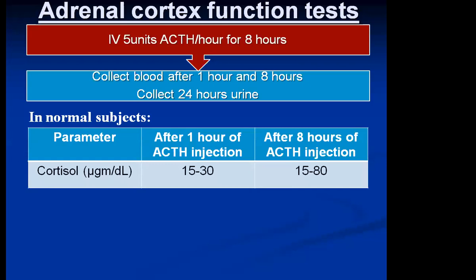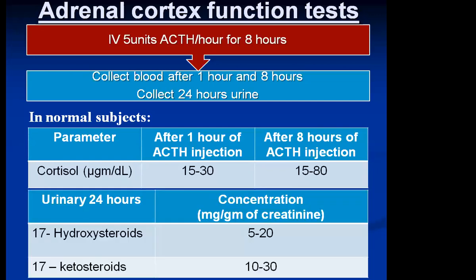Even after giving ACTH, cortisol is not getting secreted. That means the adrenal gland is at fault, isn't it? In spite of giving ACTH externally, if the increase in cortisol doesn't happen, that means the cause of decreased cortisol levels is not the pituitary, but it is actually the adrenal gland itself.